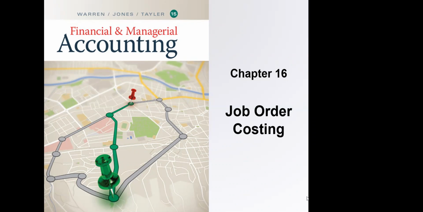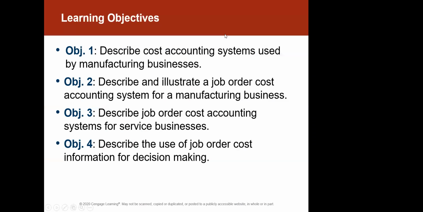All right, so job order costing. So let me just give you a sense of what we're going to cover in this chapter. I always skip these learning objectives, but all of the training we receive is that telling people the learning objectives up front and giving them a little bit of a frame or overview for what we're going to cover supposedly helps their learning.